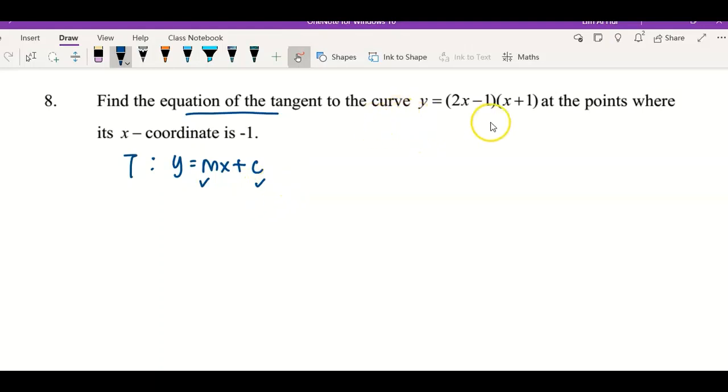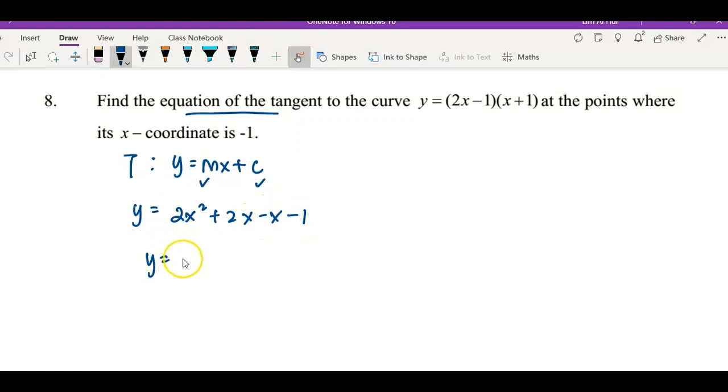So you need a gradient, which is one piece of information. The second piece of information is one point, in order to get your c. Now I want to get the gradient, so I'm going to differentiate y with respect to x. I expand it first to get the quadratic in general form: 2x squared plus 2x minus x minus 1.